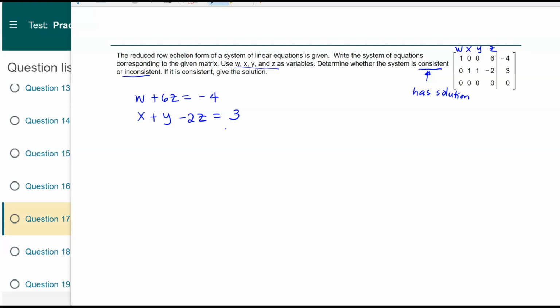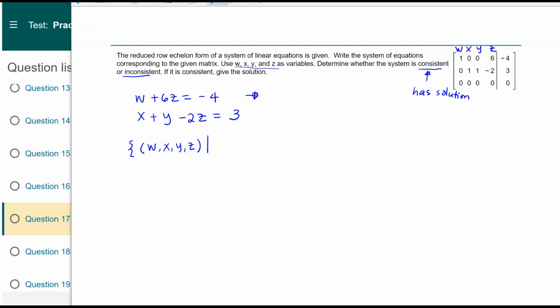And how do you write the solution of the system? We know this is infinitely many solutions because it has more unknowns and fewer equations. So we can write the solution as an ordered quadruple w, x, y, z such that, and then you write the equations.